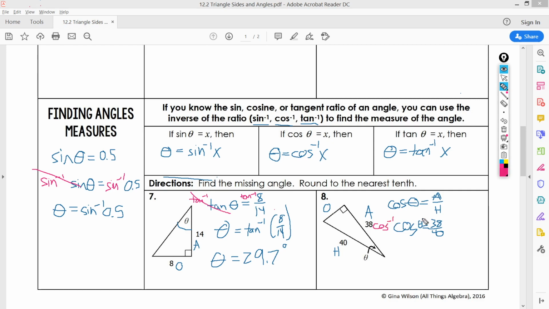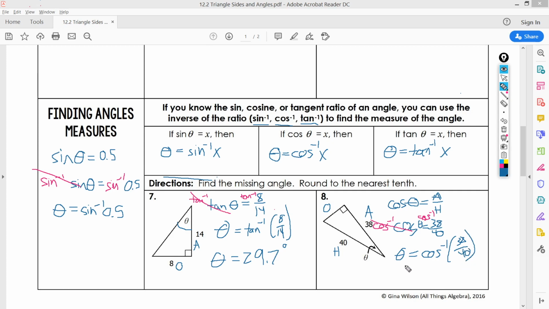Inverse cosine and cosine cancel. So now I just have theta equals inverse cosine of 38 over 40. How do I do that?